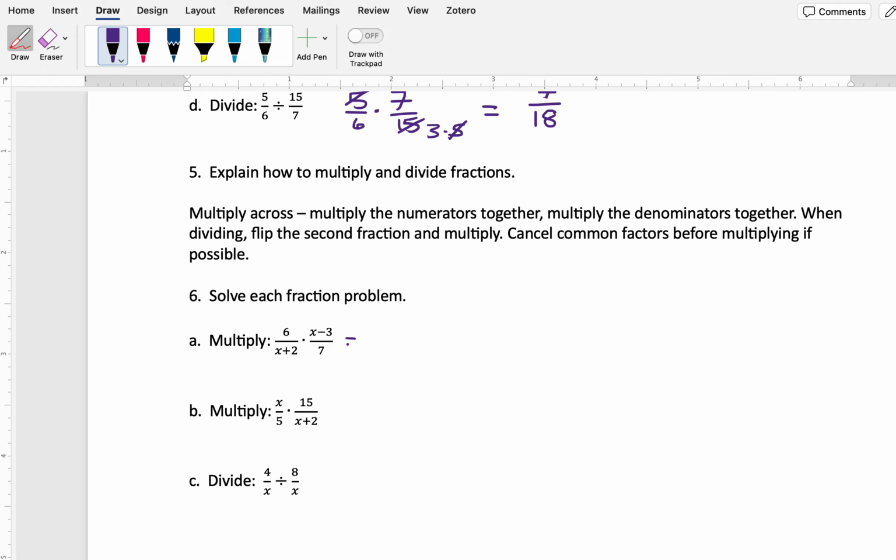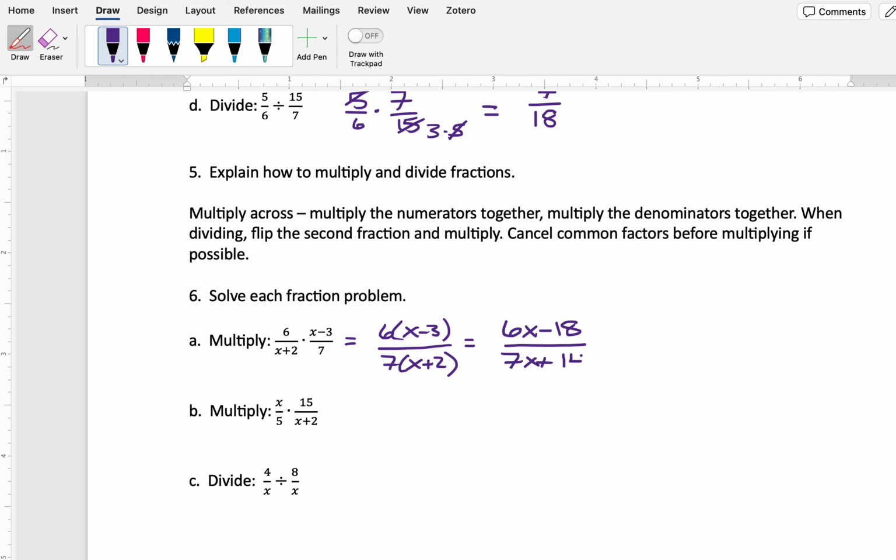So when I'm putting these together, I'm going to have 6 times x minus 3 over 7 times x plus 2. I'm going to write the 7 in front. I don't need to, it's the same thing. Now you can just leave it like this, or I could distribute this out and get 6x minus 18 over 7x plus 14.